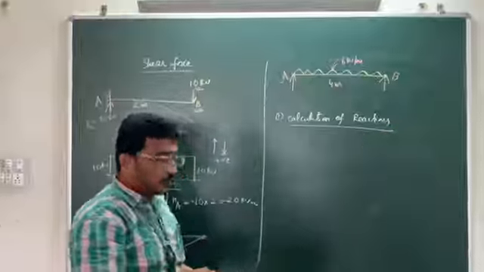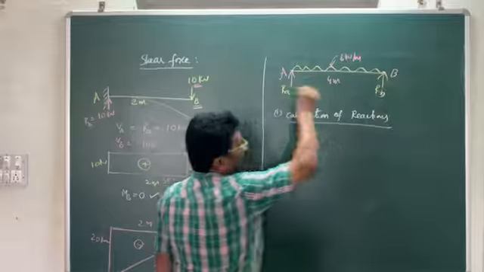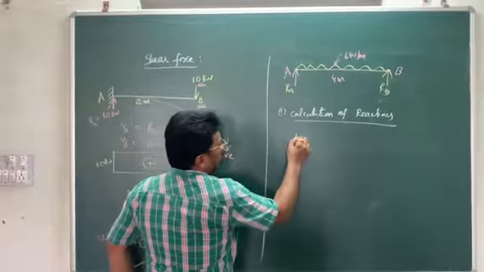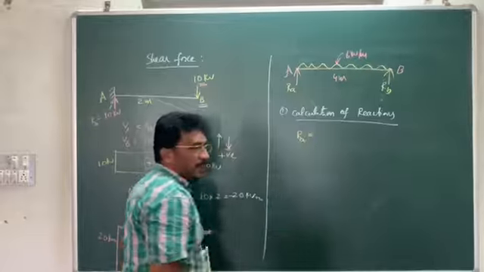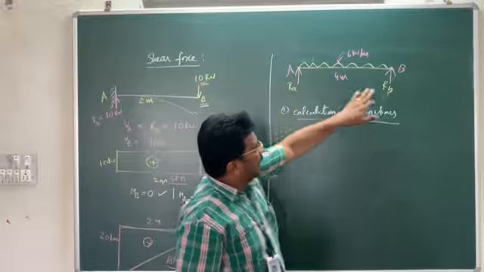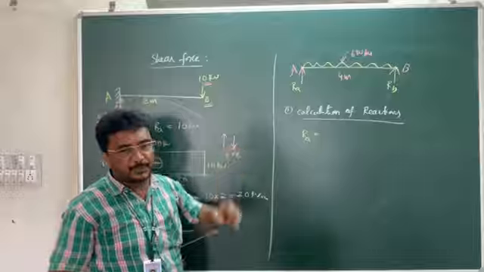So we will have 2 reactions here. One is the reaction at A, the other is the reaction at B, because the beam is supported by 2 supports. How do we calculate the reactions at A and B? Usually to calculate the reaction at A, I should take moments about the support equal to 0, because the bending moment at both supports will be 0, since it is a simply supported beam.